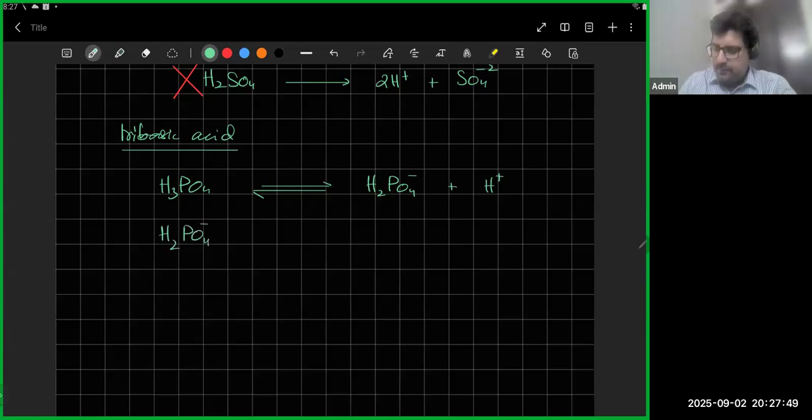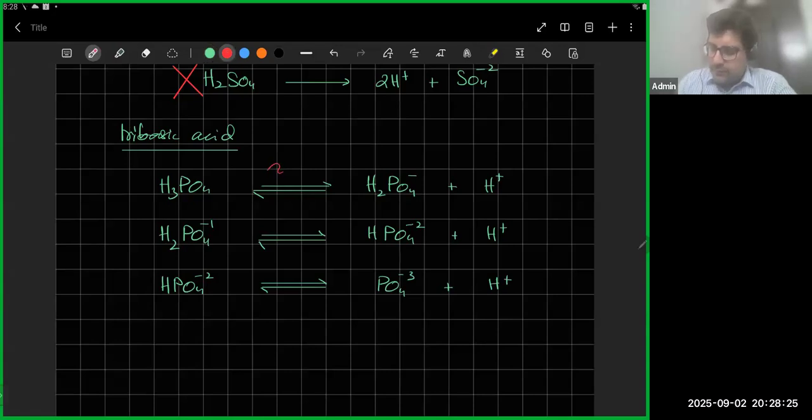Then what happens? H2PO4 minus 1 goes on to release another H plus, so you're left with HPO4 minus 2. This HPO4 minus 2 then goes on to release the third H plus. So now you have PO4 minus 3.